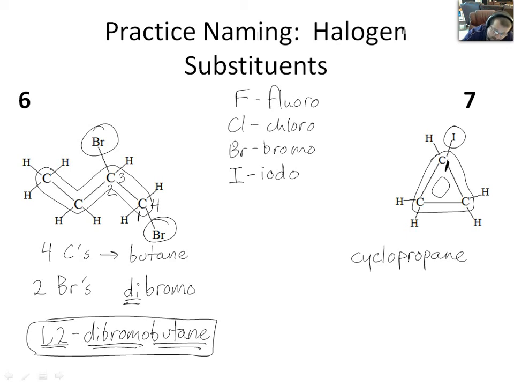It's an iodo group, so iodocyclopropane, all one word. We could call it 1-iodocyclopropane, but remember, in this case we have 1 group hanging off of the ring, and it's hanging off in the first position, so that can be assumed. We can just write iodocyclopropane.